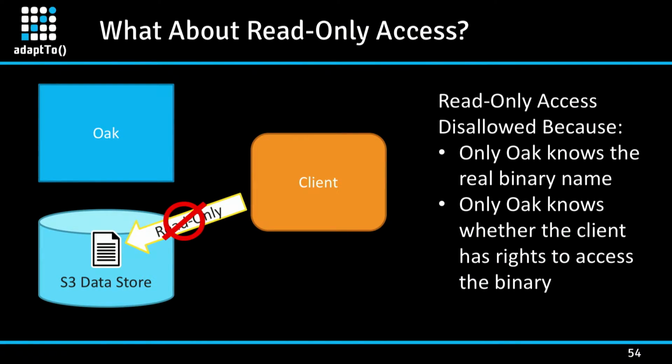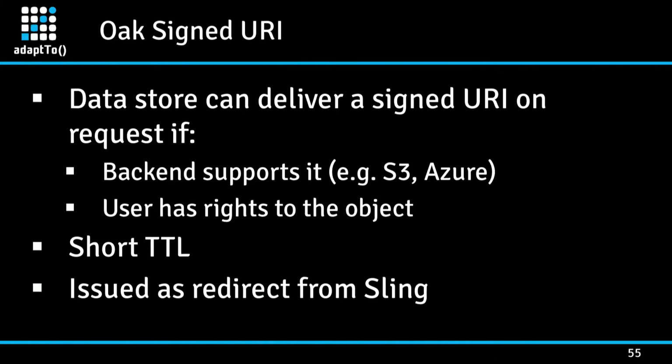Remember, we can't even get a read-only access from this client to this binary because only we know the name, and Oak needs to be in the middle so that we can make sure that the client actually has access to that. But we would be able to serve a read-only URI, a signed URI, under two conditions.